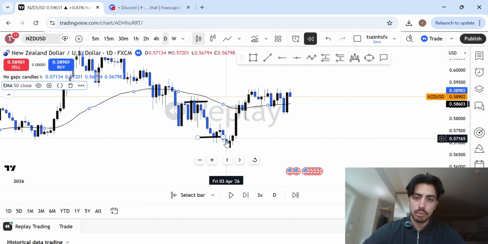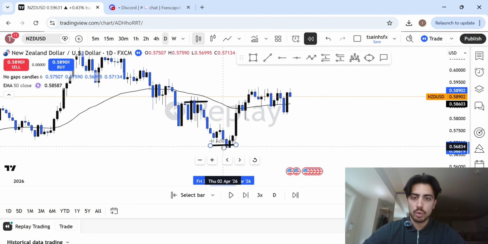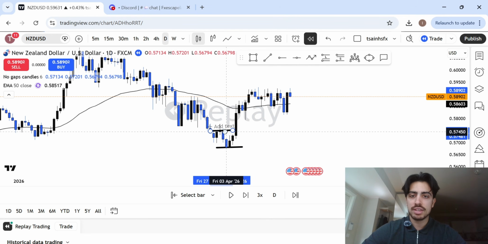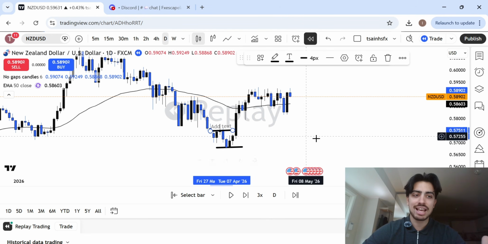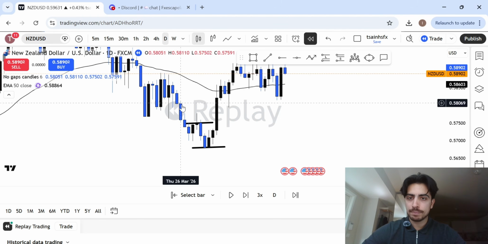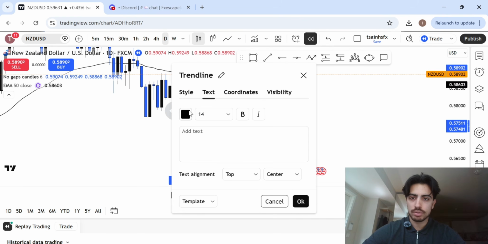Price goes up, then breaks down. This is the lower low, the lower point at that moment. This was the last strongest structure point that pushed the price down. Not this one, because pay attention.